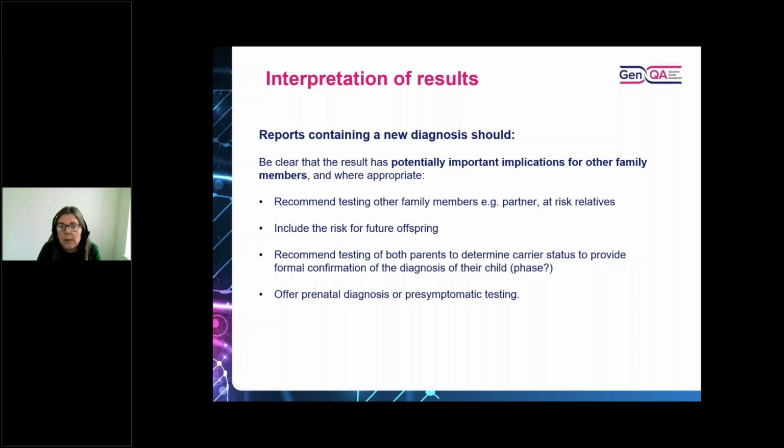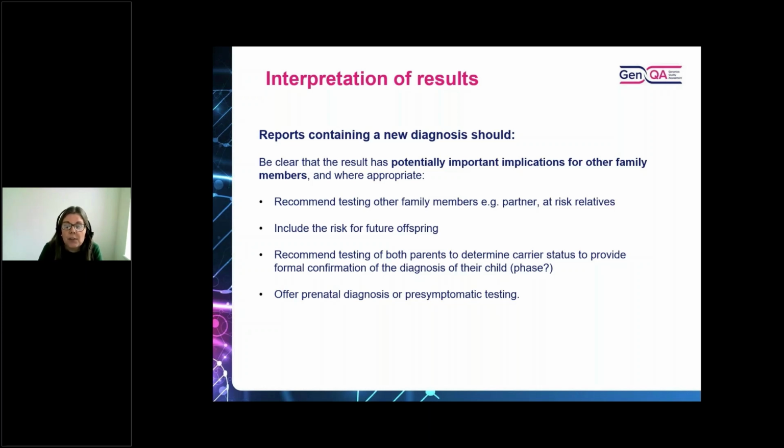Where appropriate, perhaps also think about recommending testing of other family members, such as the partner or at-risk relatives. Again, this may depend on the age of the index case or the situation of the index case.